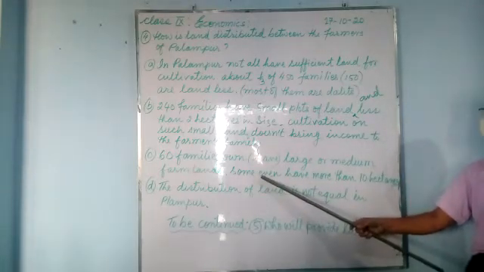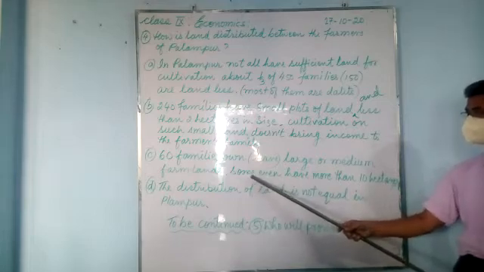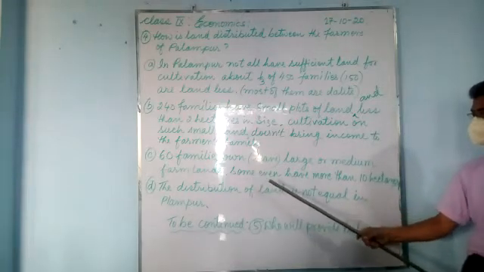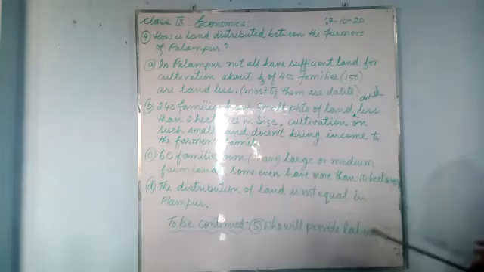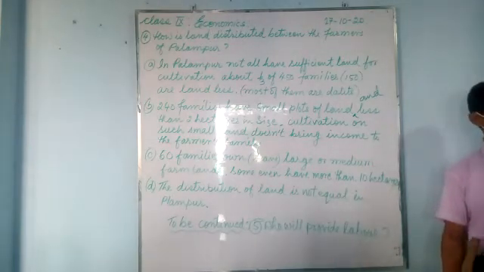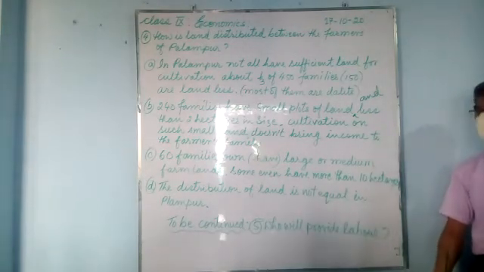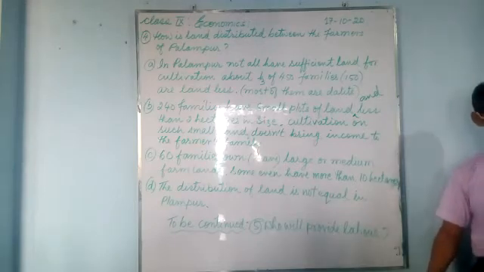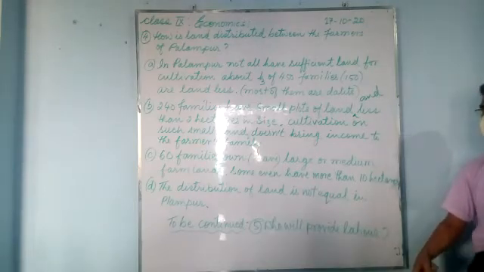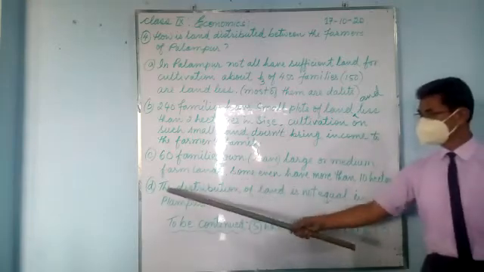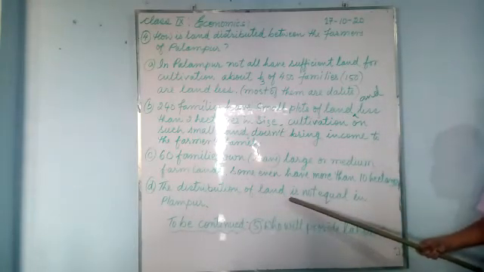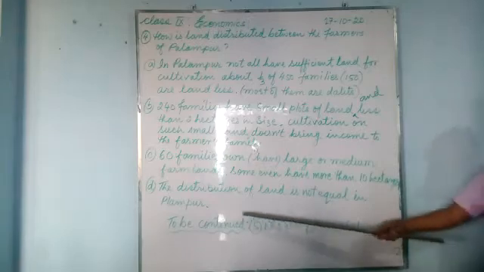Some of the families even have more than 10 hectares of land. That means they earn a lot of money, they grow a lot of food grains. So in this way, the distribution of land is not equal in Palampur.